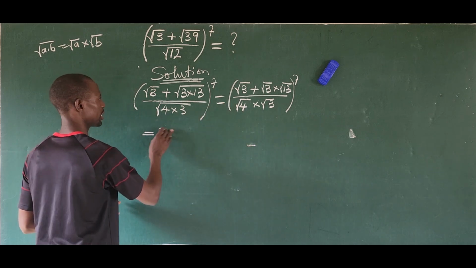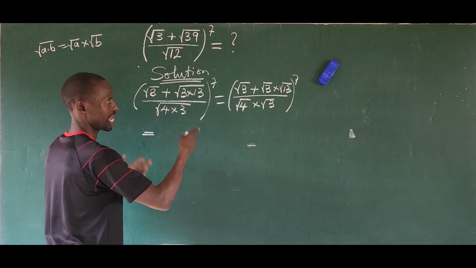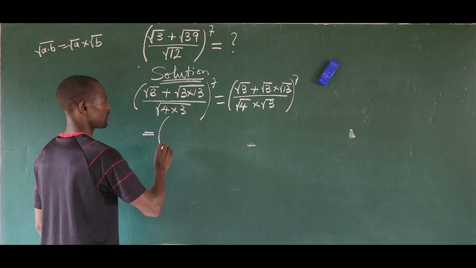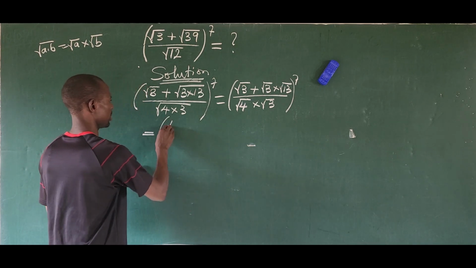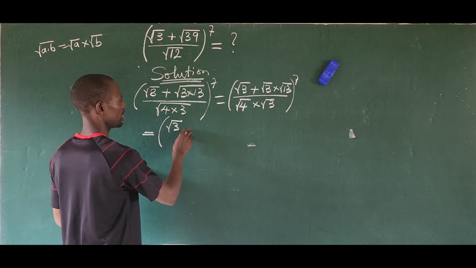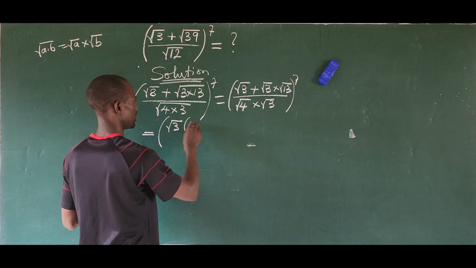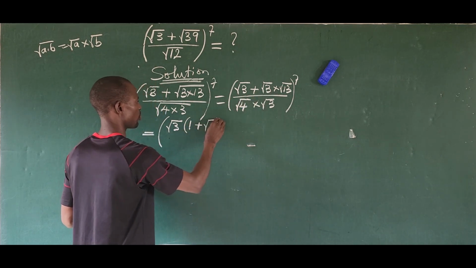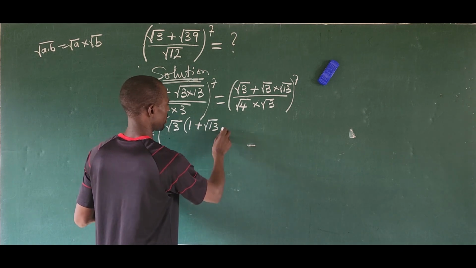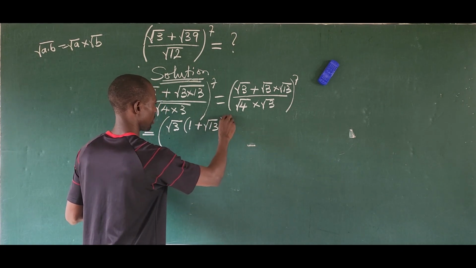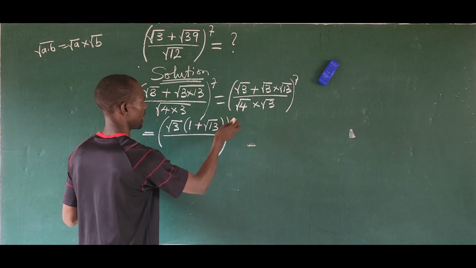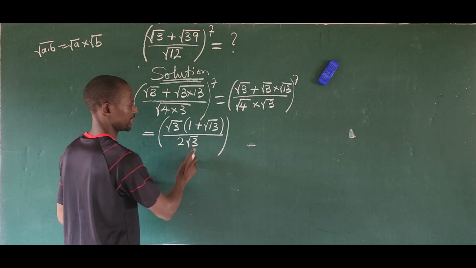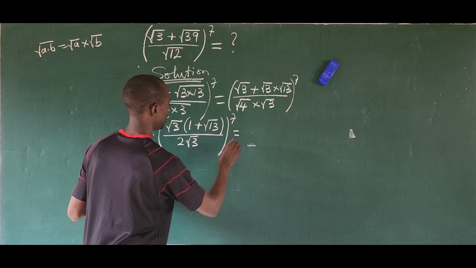If we bring out root 3, it will cancel out. Let's bring it out so that you see it play out. Root 3 times 1 plus root 13, then close the bracket, all over 2 root 3, everything to the power of 7.